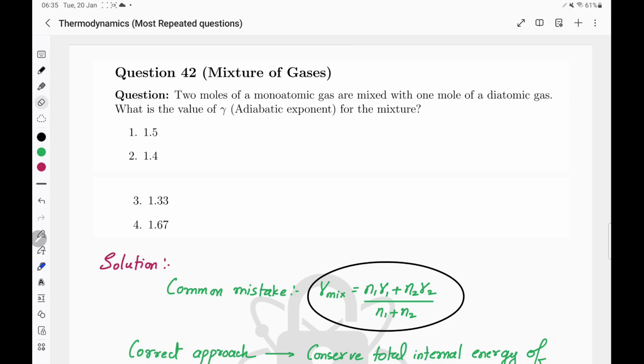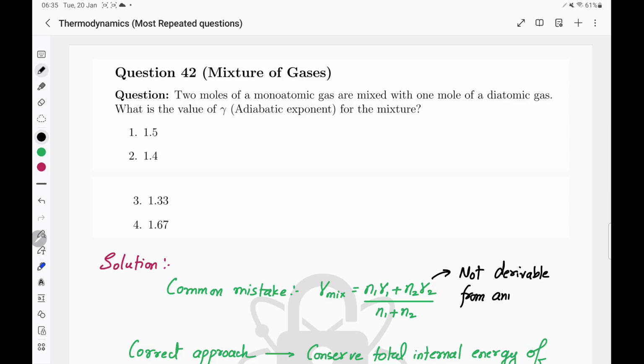So why is this wrong? Because this is not derivable from any law. Any fundamental law cannot be used to derive this formula, so it's wrong. If you're not getting it on the basis of any laws of physics, then it's a wrong formula.